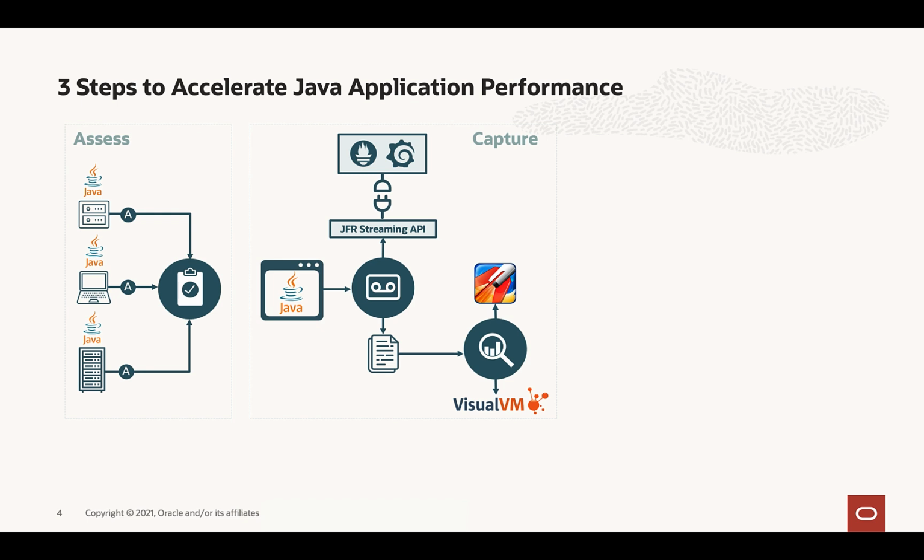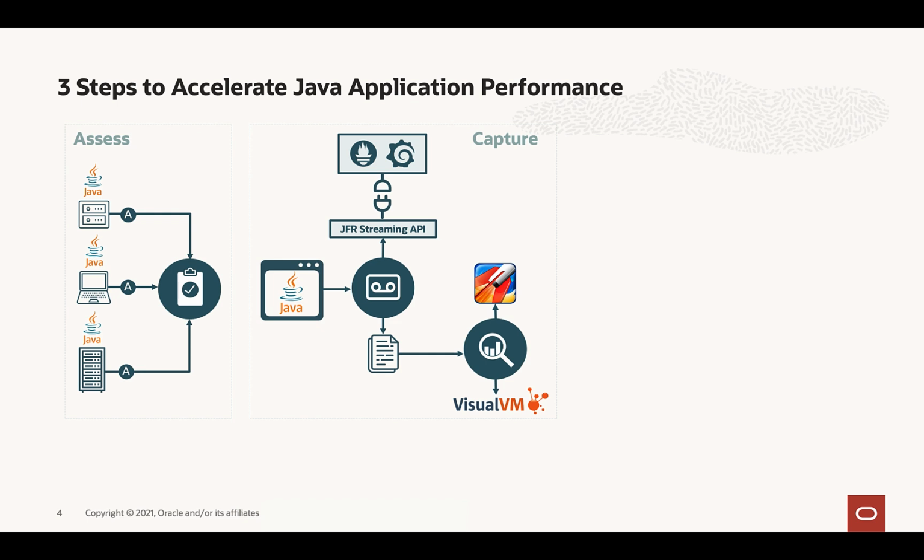Like JMC, GraalVM is designed for both development and production time use. So these tool chains enable developers and administrators to collect using JFR and analyze using JMC or GraalVM the data from Java applications running locally or deployed in your production environments, even in the cloud.